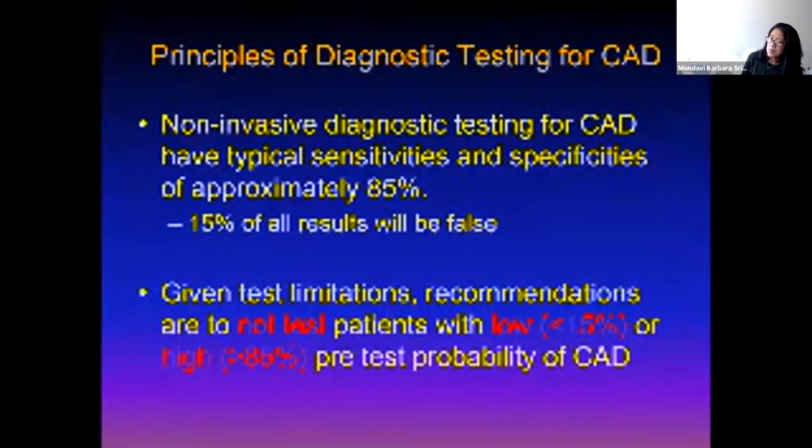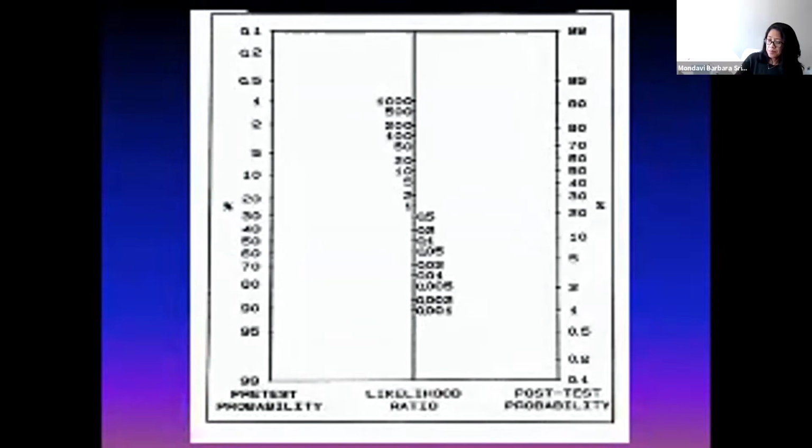Given these limitations, the recommendations are that we don't actually do testing if there's a low or high pretest probability of coronary artery disease. What does that mean? By Bayes' theorem, depending on test positivity or negativity, we refer to the likelihood ratio for test positivity.